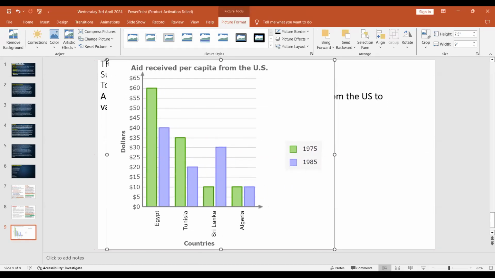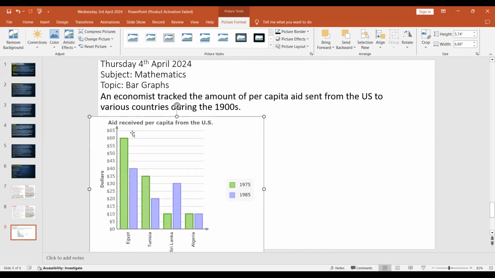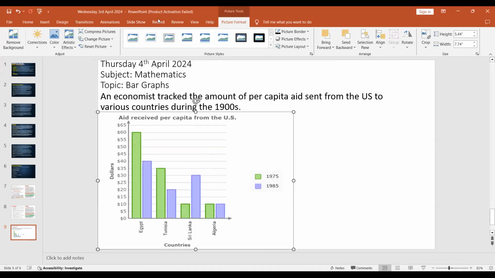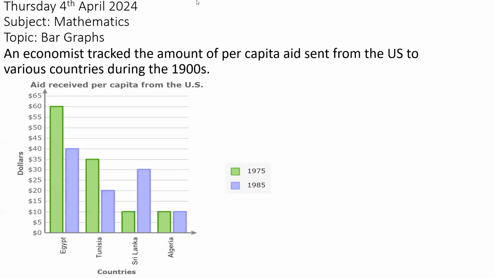Again, I need you all to draw this bar graph for me. So let's go ahead and study it first. Here we have the different countries. We have Egypt. We have this country and Sri Lanka and Algeria, right?